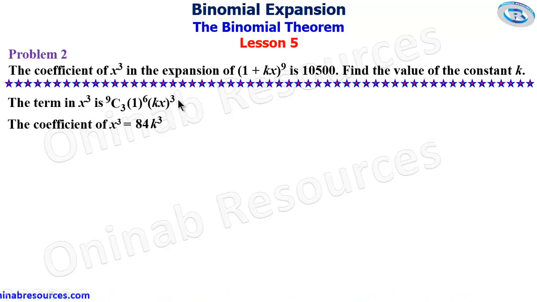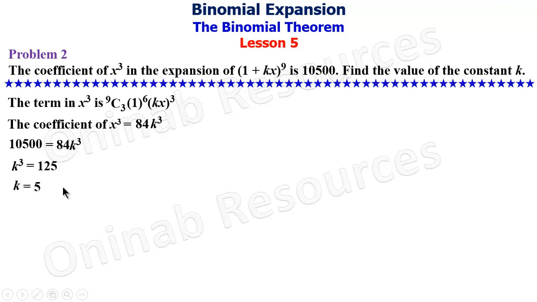That is the coefficient of x raised to power 3. And we are told that the coefficient 10,500 is equal to 84 k raised to power 3. So k raised to power 3 is equal to 125 after dividing 10,500 by 84.